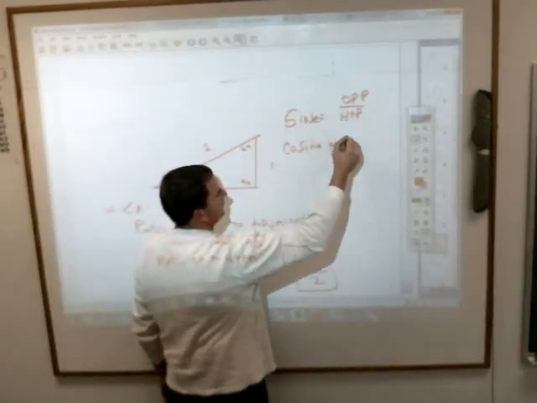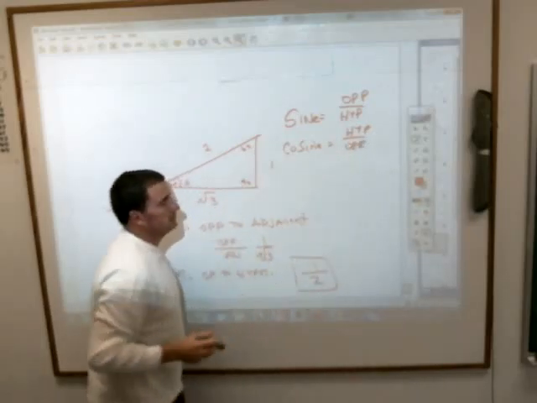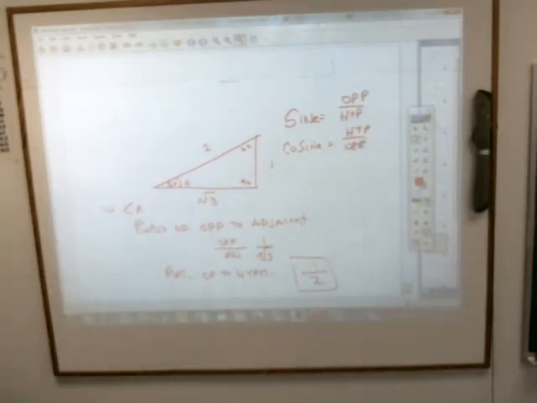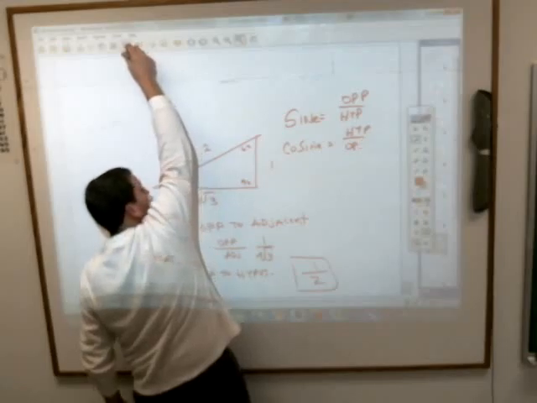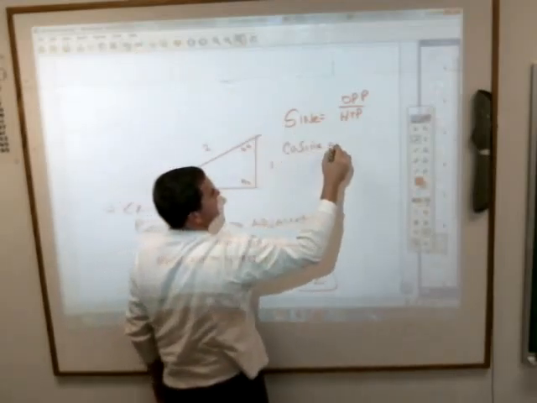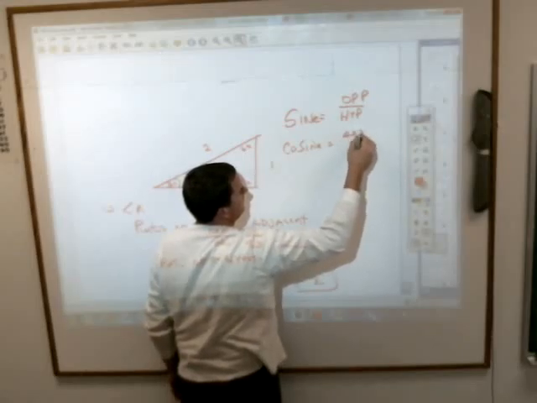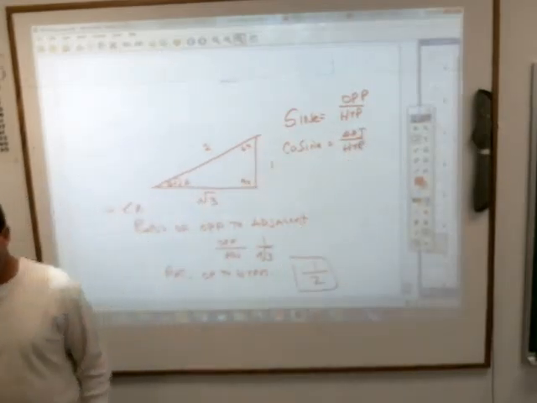Cosine is adjacent over hypotenuse. I don't know what I'm doing. I don't do students very often. And tangent, ladies and gentlemen, is opposite over adjacent.